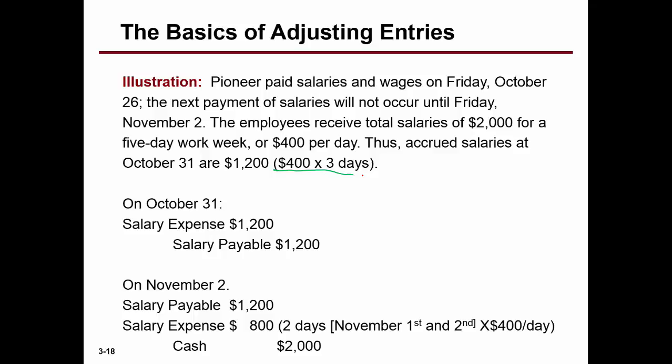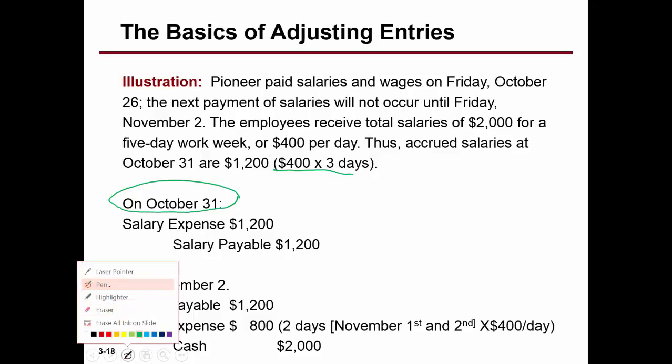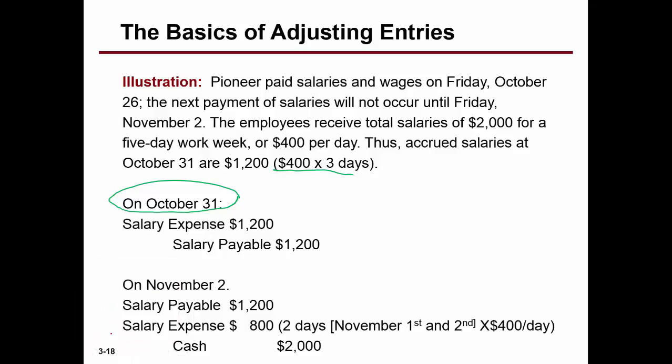At October 31st, since we have a month end, and we're assuming we're preparing month end financial statements, we have to accrue the salary for those 3 days they worked in October, and then we'll pay them for the full 5 days on Friday, November 2nd. So we take $400 times the 3 days they worked, Monday, Tuesday, Wednesday.